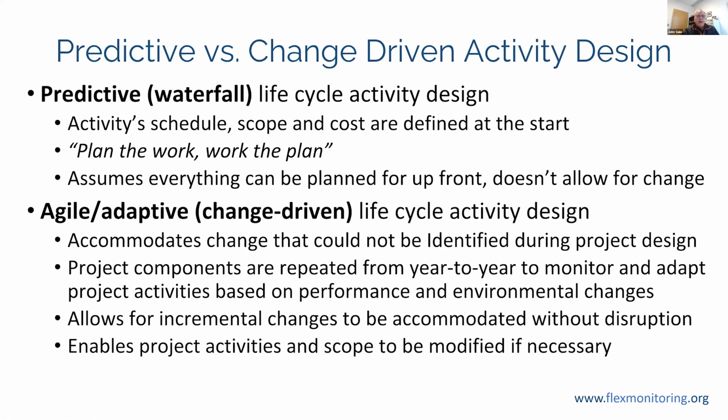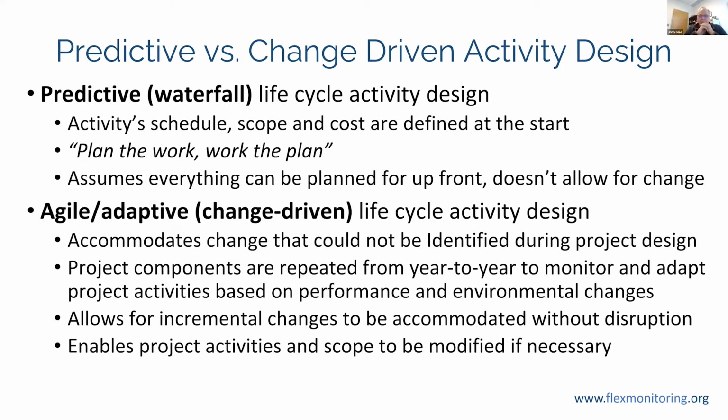Great, thanks, Tracy. So we're going to talk a little bit about activity and project design. There are really two ways to think about it, and most of us tend to fall into the first category, which is very predictive, traditional activity cycle design. It's also known as waterfall. And the reason it's called that is it really cascades from one activity to the next.